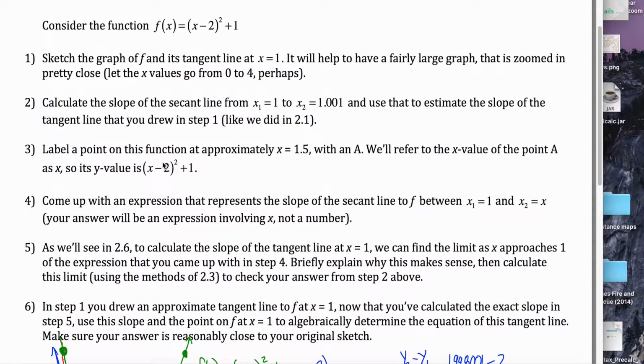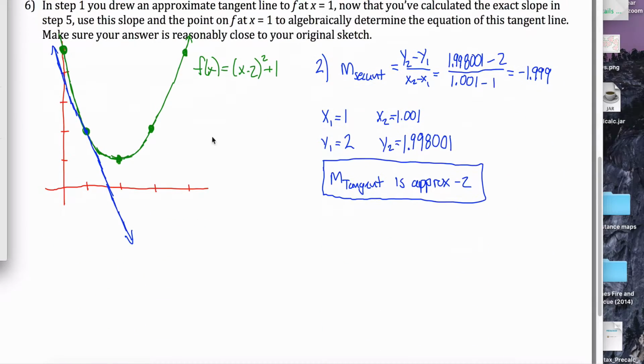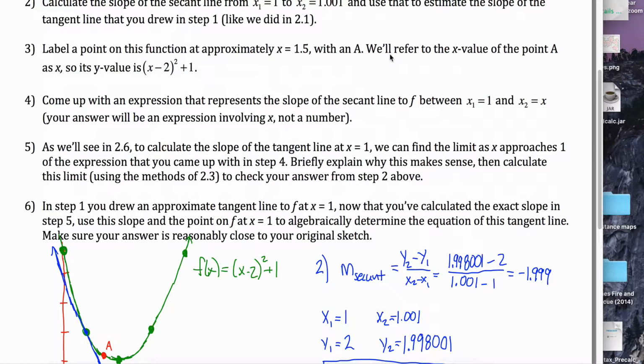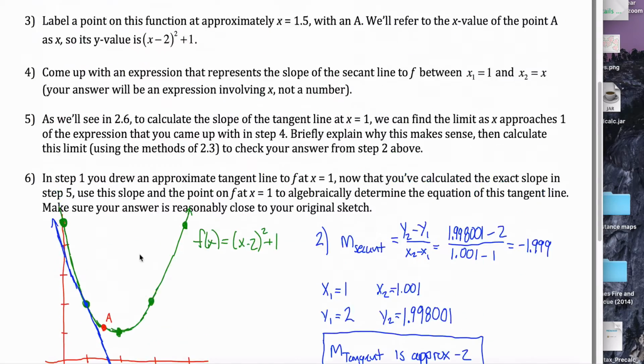Step 3 says label a point on this function at approximately x equals 1.5 with an A. So here's where x is about 1.5, somewhere right around in there. Call that guy A. We'll refer to the x value of the point A as x, so its y value is x minus 2 squared plus 1, right?